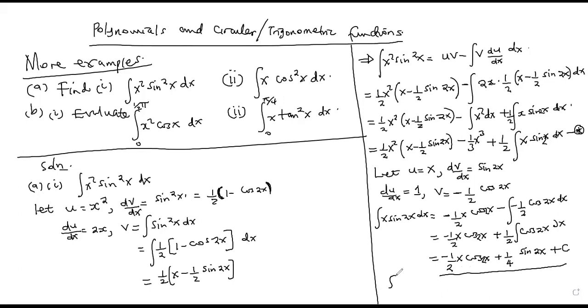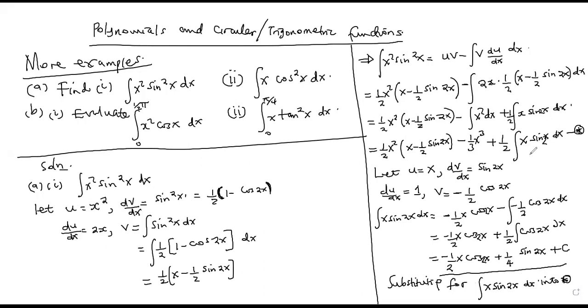So substituting for the integral of x sine 2x dx into equation star. If we substitute it into equation star, we are going to have all this the way it is here.